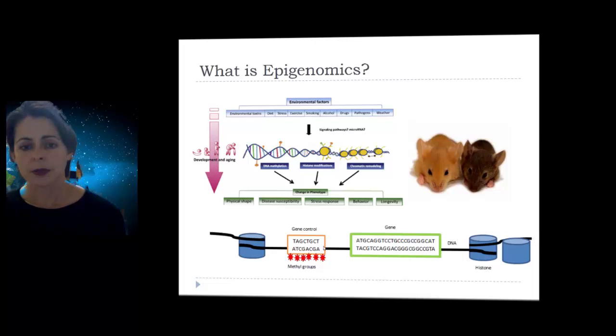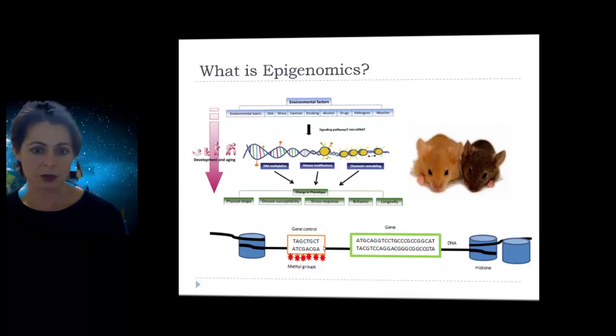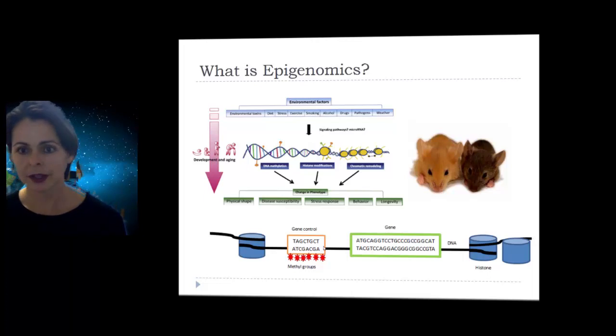If a particular gene on the DNA is tightly coiled around histones, it won't be accessible to that transcriptional machinery, so it's unlikely to be switched on. So the uncoiling, the remodeling of chromatin, and modifications to histones can make a piece of DNA accessible or inaccessible to be switched on and to be controlled to produce this protein.